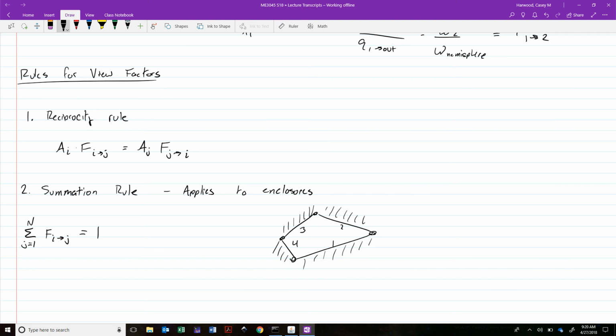In words, this means that if you pick an i, let's say we pick surface 3, then all the radiation out from 3 has to hit 1, 2, 4, or back on itself. So when it's in an enclosure, all the radiation coming out from one surface has to hit something. So this fraction of how much radiation hits something has to cumulatively add up to 1.